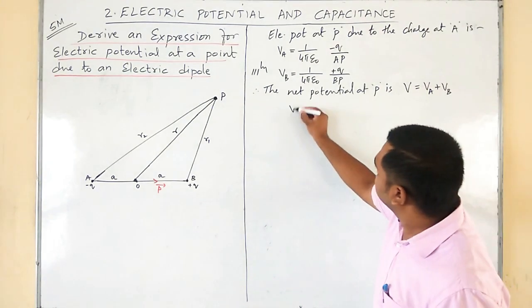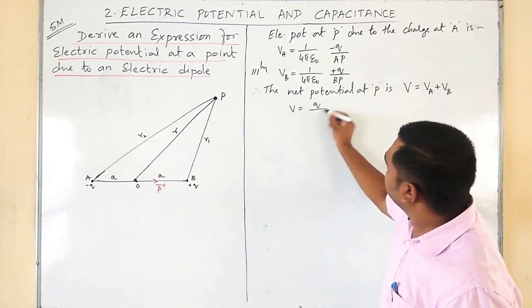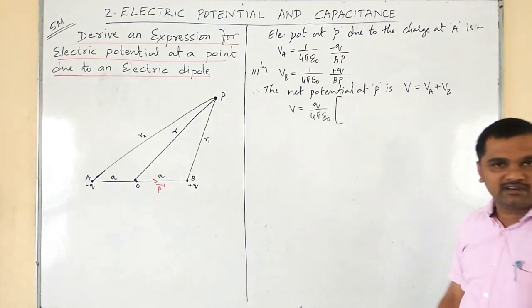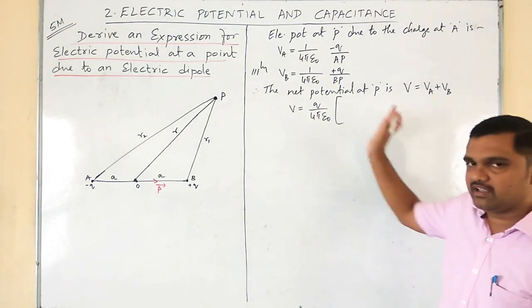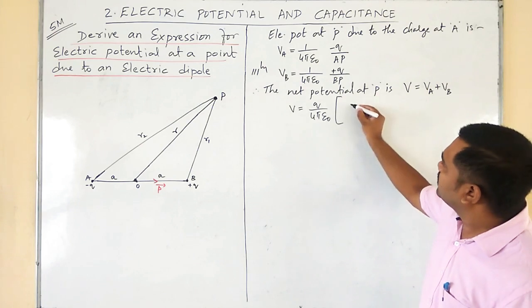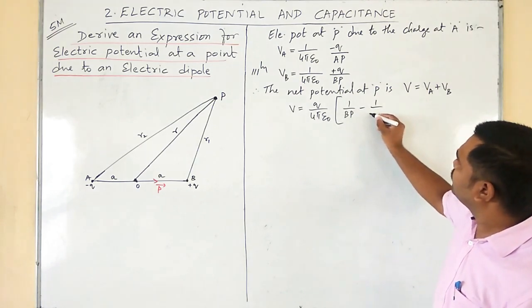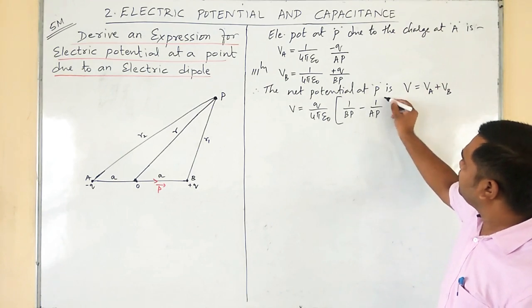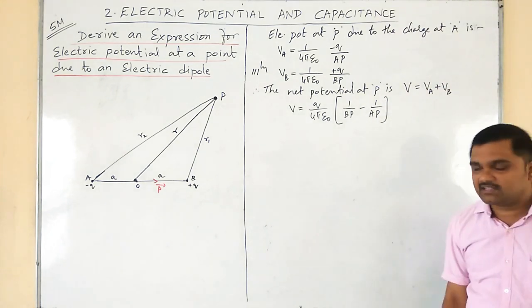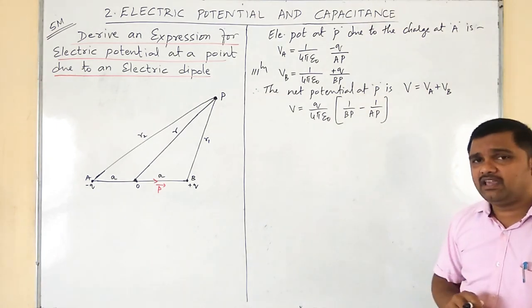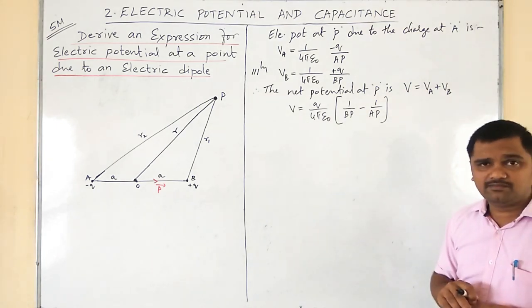That is q divided by 4 pi epsilon naught. We can take it outside. So what remains? I will write 1 by BP first, minus 1 divided by AP, isn't it? Now, what are the values of BP and AP in terms of r?